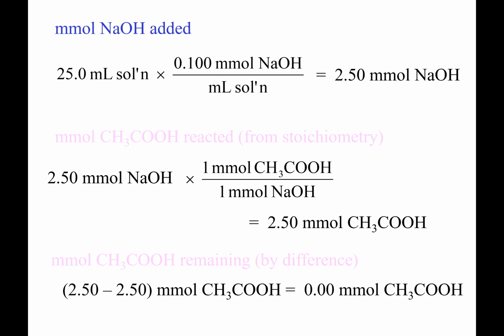Okay. So I told you this is what's driving the pH of the solution. So we need to know what the molar concentration is of that acetate ion and then go from there for a pH. So counting beans again, and you guys would tell me, well, of course it's 2.50 millimoles just by looking at it.